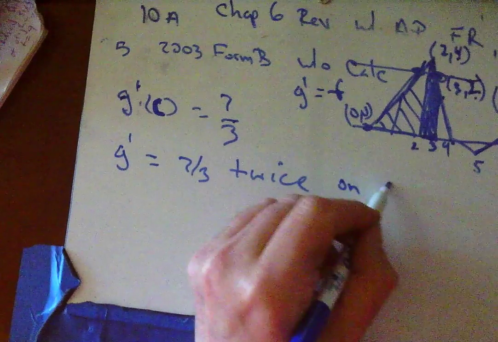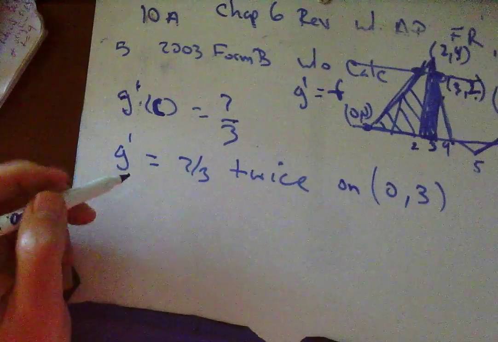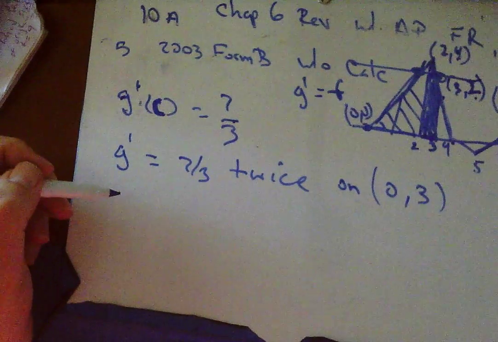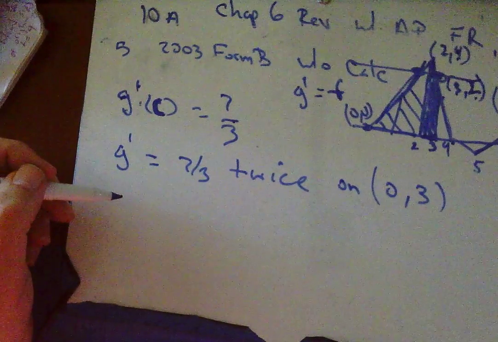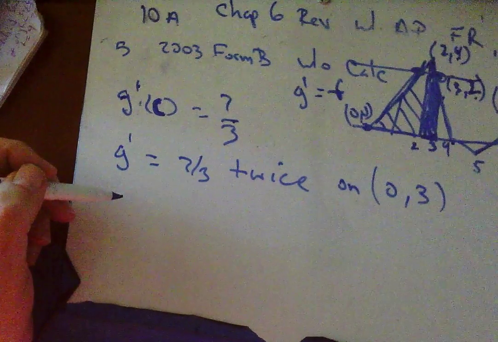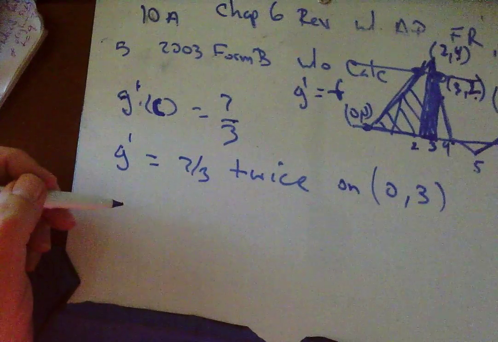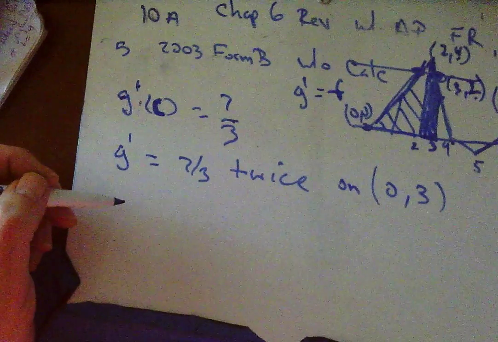On 0 to 3, because I really kind of want to use something like the intermediate value theorem here. But I sort of feel like that's going to be overkill.